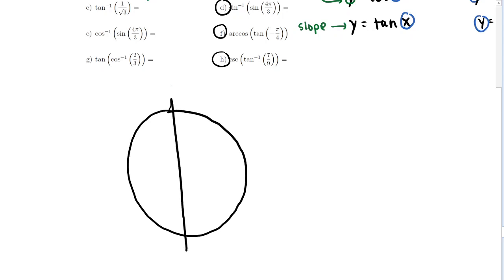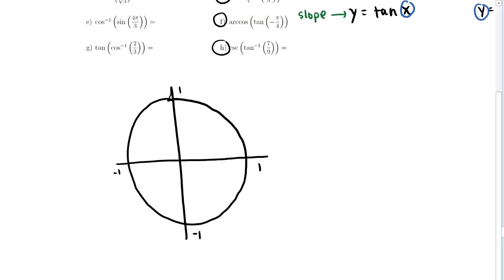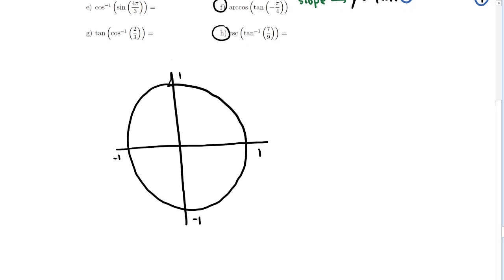So here's my unit circle. And so here we're saying we've got a y coordinate, right? Inverse sine gives us y coordinates on the unit circle. So inverse sine of negative 1/2 is a y coordinate of negative 1/2. And we want to find the angle that gives us back such a y coordinate.